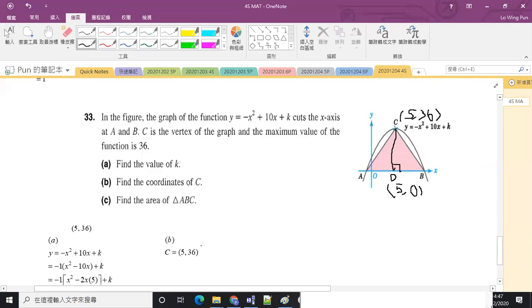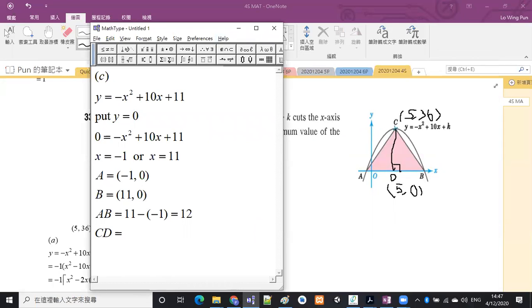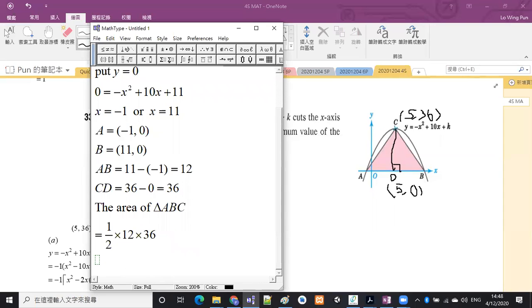So the length of CD will be just 36 minus 0, up minus down. So that is 36. And now we have the length of AB and the length of CD, so we can calculate the area of triangle ABC. The area of triangle ABC will be 1/2 times base times height, so that should be equal to 216.